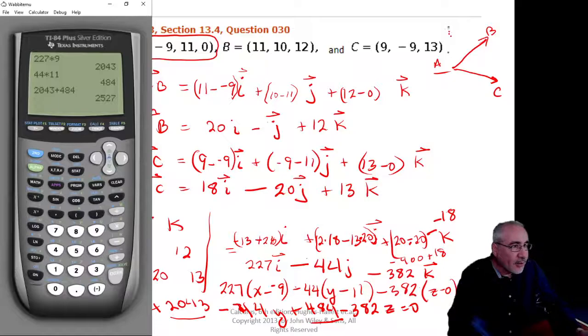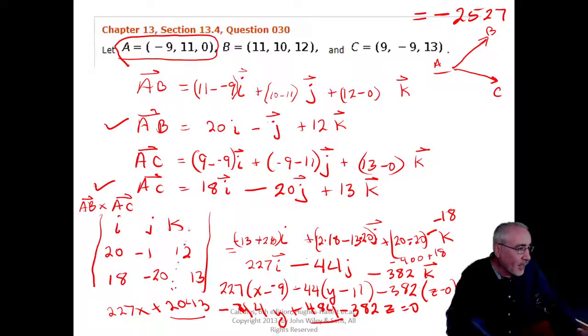We bring it over, so the equation of the plane will be equal to negative 2527. Put that down, and then these components: 227x minus 44y minus 382z.